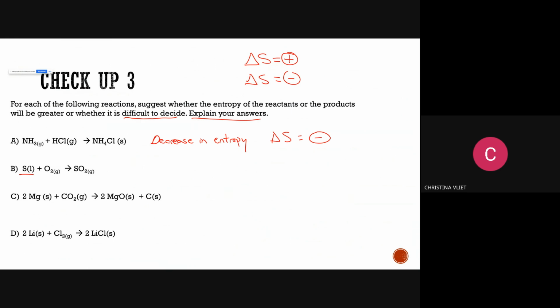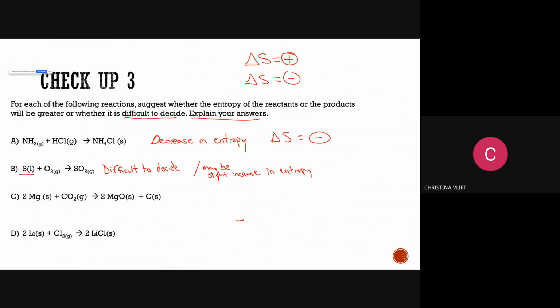So you can either say difficult to decide, and the reason why is because you've got the same amount of moles of gas on each side, or you can say maybe slight increase in entropy. Watch the wording that they give you. If they give you the option to say that, then yes. If they don't, then no, is the way that I would approach it.